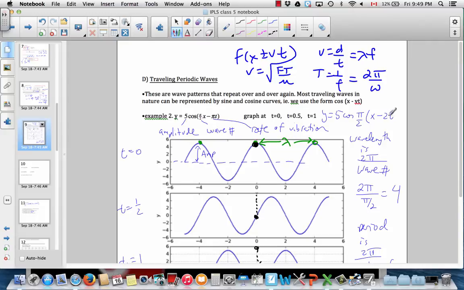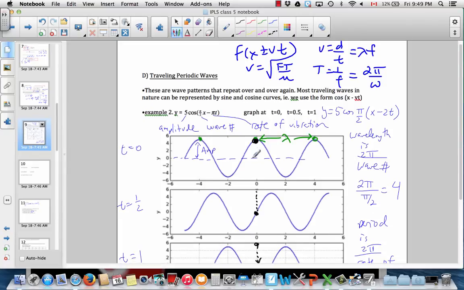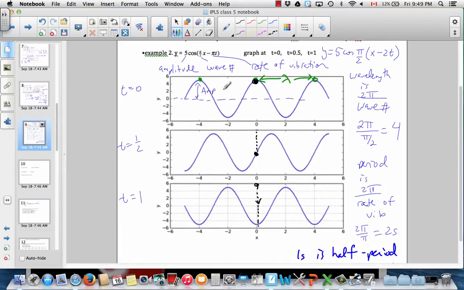It's going to be twice t. So this looks like x minus vt. We expect a speed of 2 meters per second. That means, say, that this crest here, in 1 second, we would expect it to have reached 2 meters over. And indeed it did, because at a half second it had traveled 1 meter.